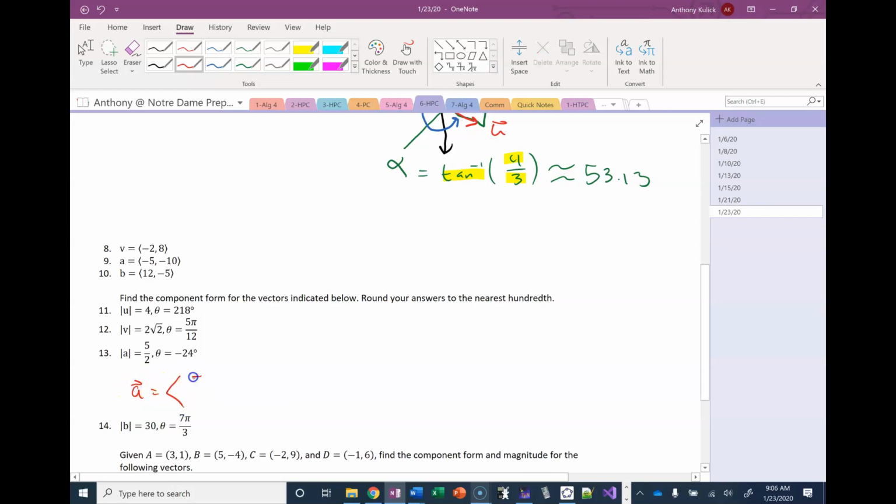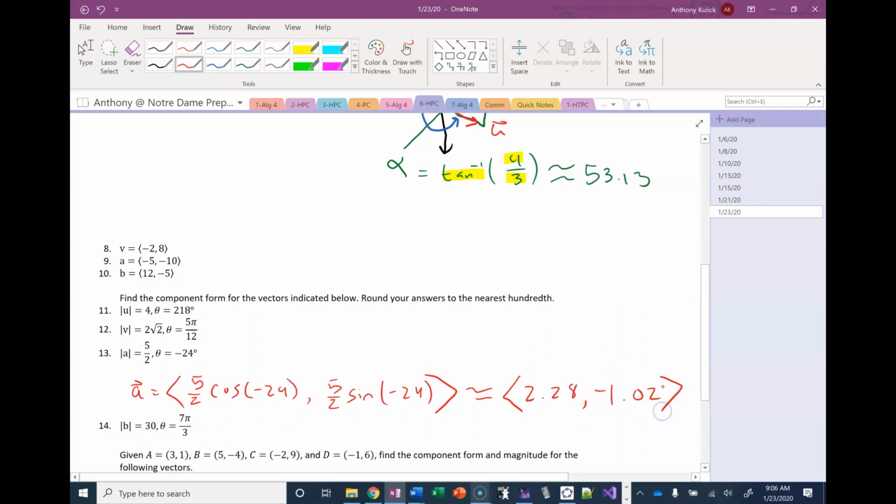So my vector A is just going to be the magnitude of A times the cosine of theta, magnitude of A times sine of theta. So I do that, I get 2.28. And I get negative 1.02.